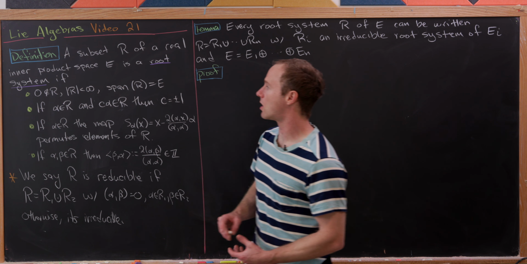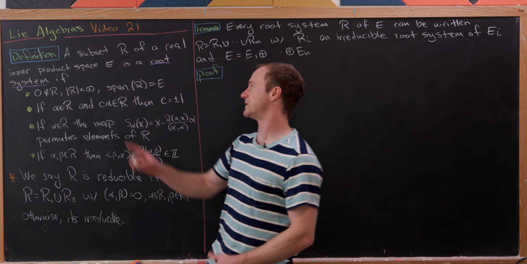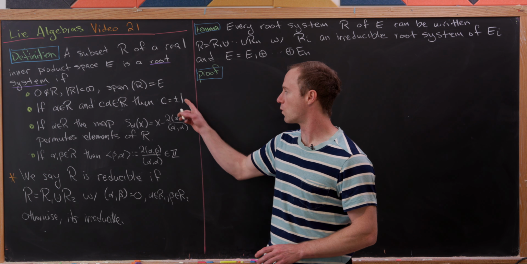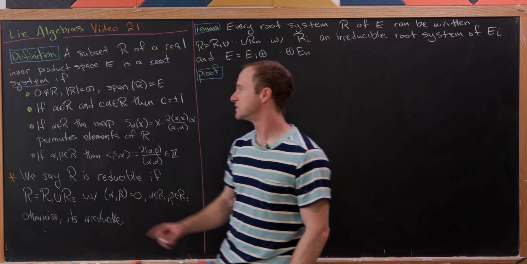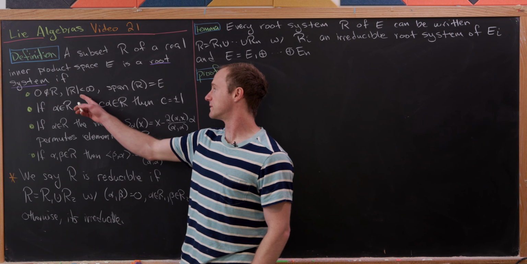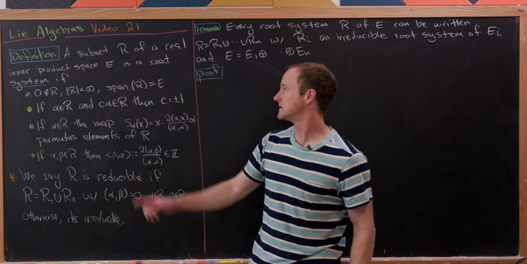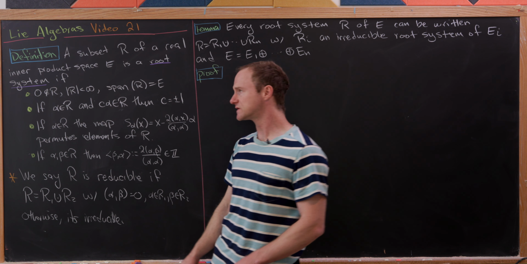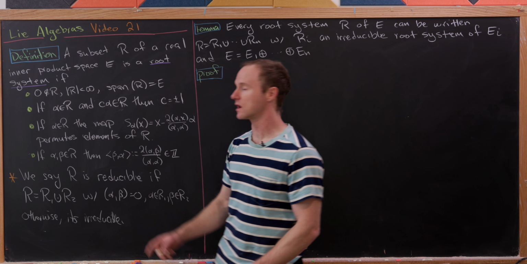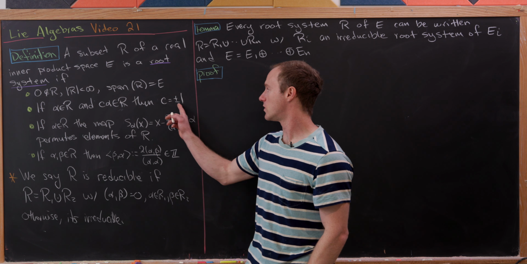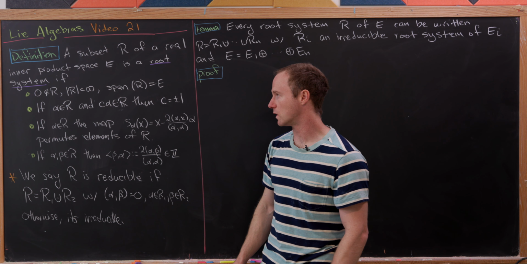A subset R of a real inner product space E is a root system if the following four things are satisfied. The zero vector is not an element of R, the number of elements in R is finite, and R spans E. And then also, if alpha is in R and a multiple of alpha is in R, then that multiple is just plus or minus 1.